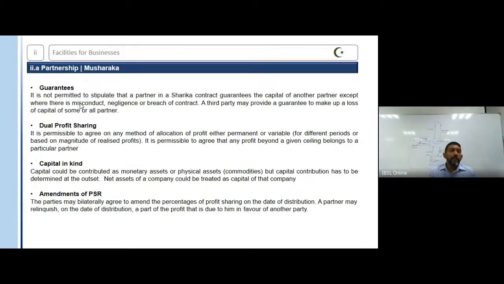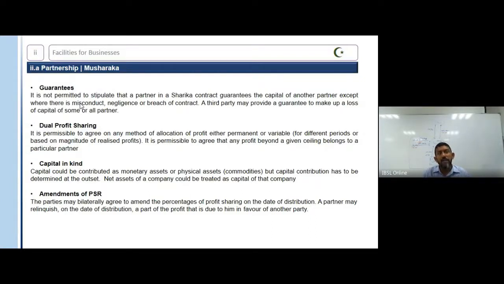Then the third point is that I spoke of capital being contributed by the customer and the bank, but sometimes the customer doesn't contribute capital in cash. He contributes in kind, meaning goods and services.